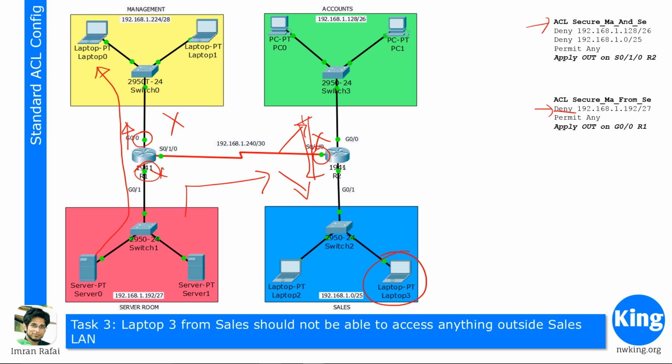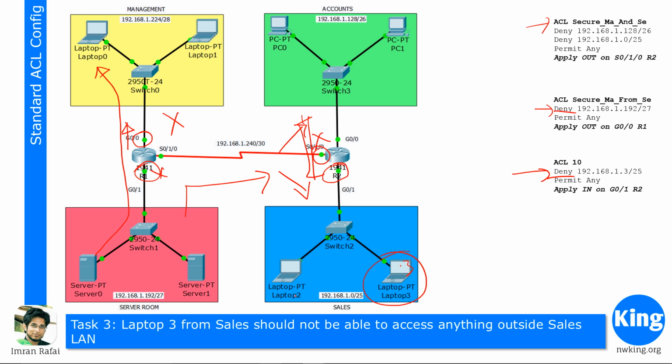The ideal place for this ACL is here, because when it sees that the source IP address is 192, whatever this IP address is. Let's assume this is I think 1.3. So if it says the source IP address is 192.168.1.3, please deny it. So it stops that traffic, and this device will not be able to, and it says permit all.